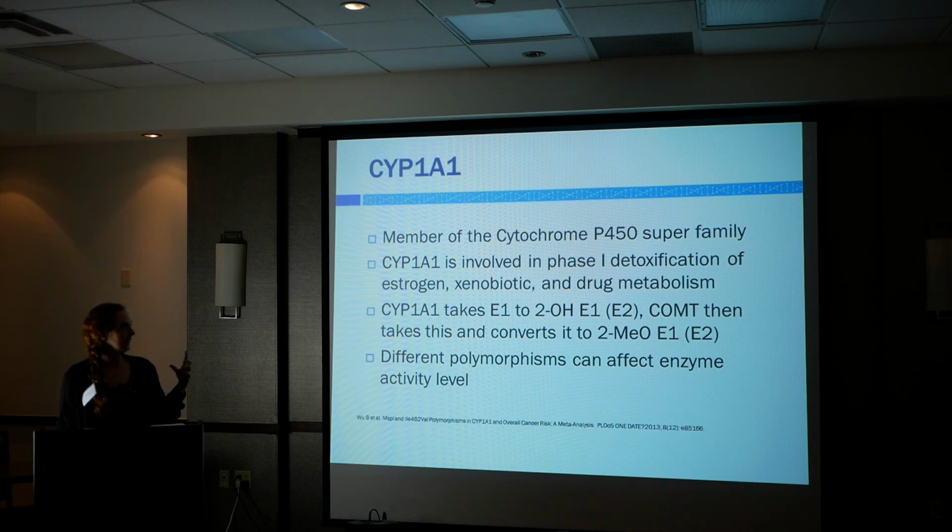You want it to be taken by the next enzyme in the pathway and turned into the next metabolite, which is actually anti-cancer, 2-MeO. So you want those two enzymes working in concert together. So again, what happens if you have a fast CYP1A1 and a slow COMT? You're going to have a buildup of that cancer-causing intermediate. And these are things you want to look at and keep in mind.